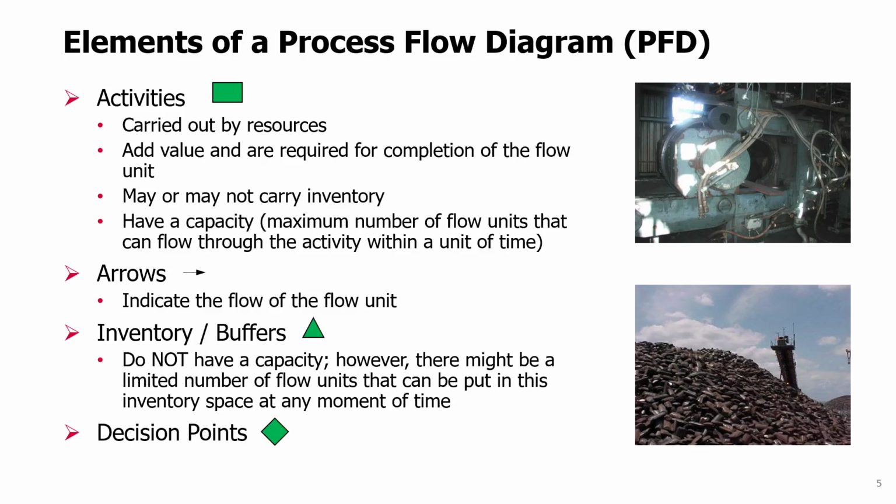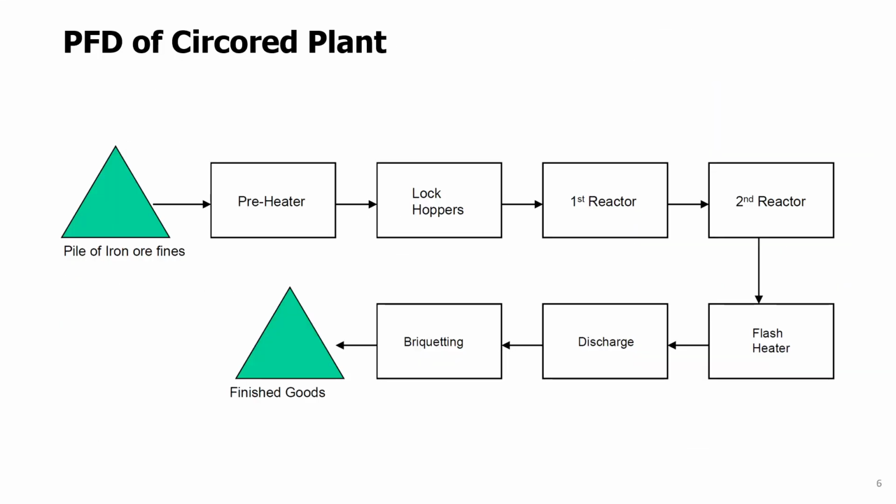So if we try to draw the process flow diagram for this plant, we could come up with this kind of process, and it's actually quite simple. It's very linear, right? It starts with a buffer which contains the iron ores that were delivered from the mines, and then it goes through 7 steps, including preheater, lock hoppers, first reactor, second reactor, flash heater, discharge, and briquetting.